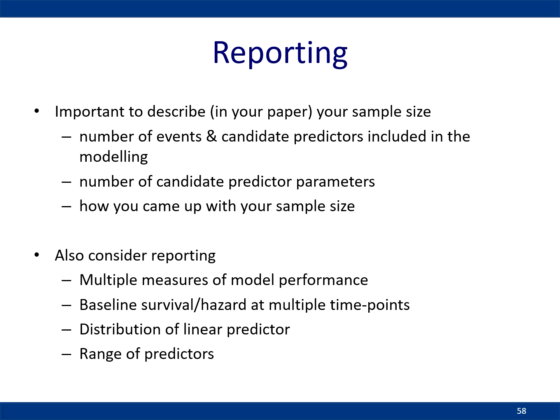Particularly for sample size, it would be good for you to report the number of events and candidate predictors that you've included in your modelling, the number of candidate predictor parameters you considered, and also how you derived your sample size. For example, maybe you used PM sample size.